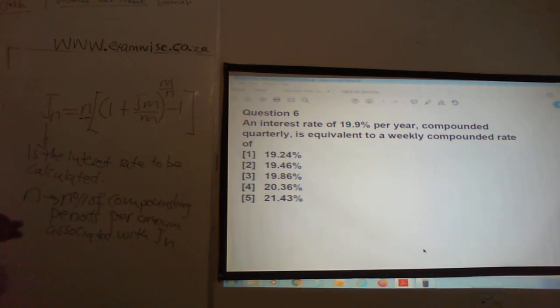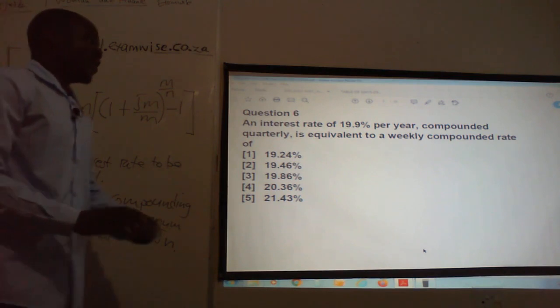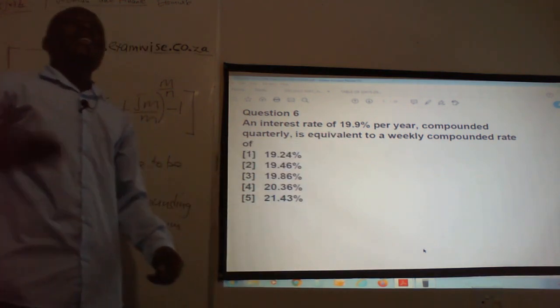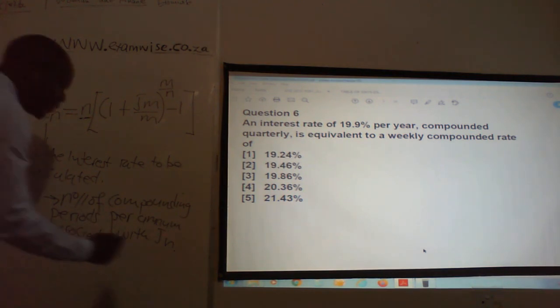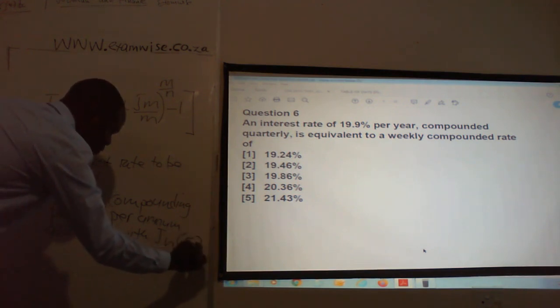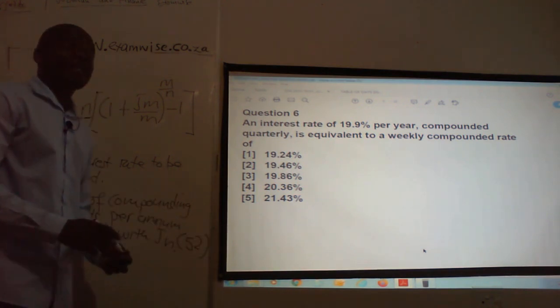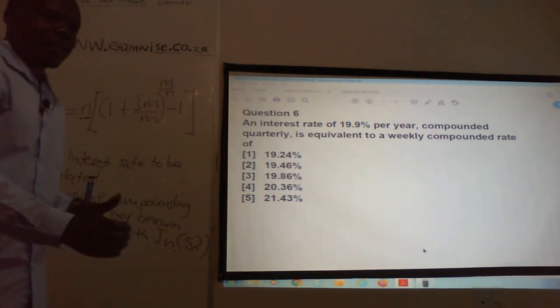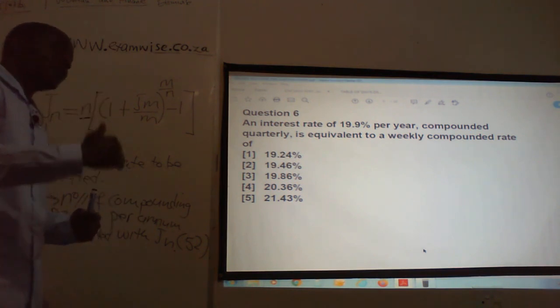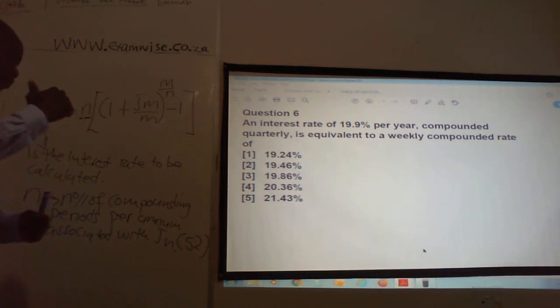In this case, Jn is our weekly compounded rate, so the number of compounding periods per annum associated with Jn will be 52, because we have 52 weeks in a year. If interest is compounded weekly, it means we calculate interest 52 times per year.